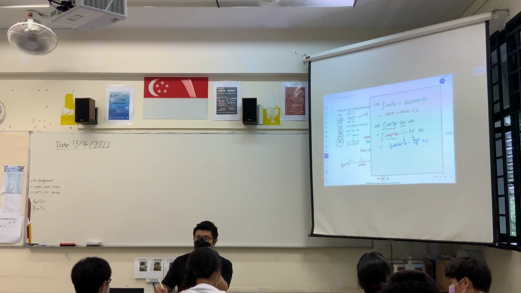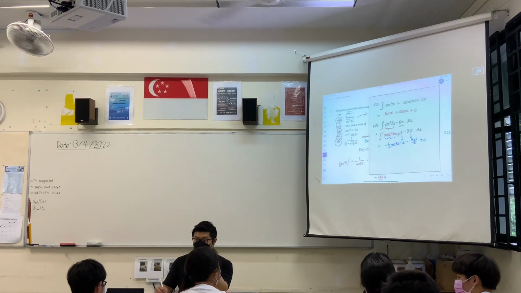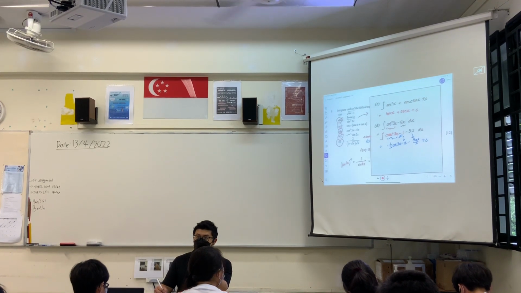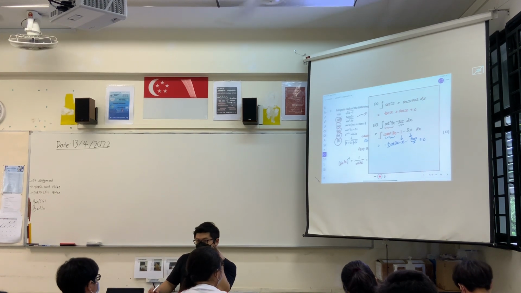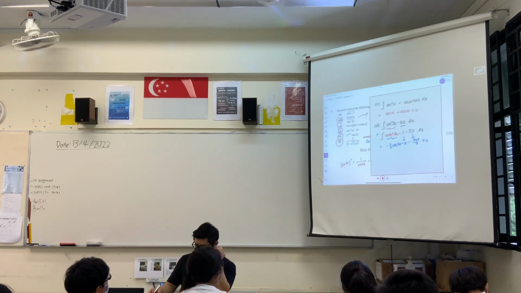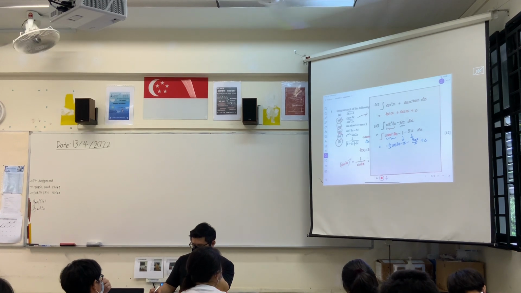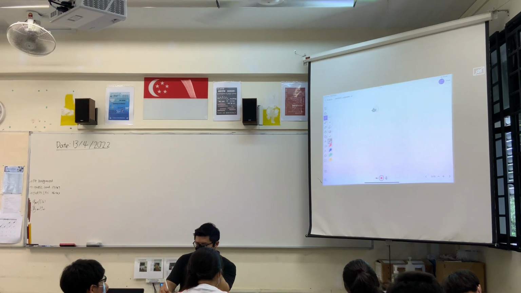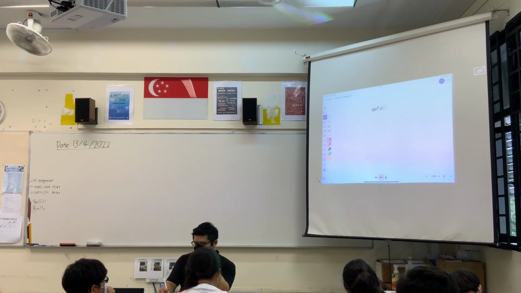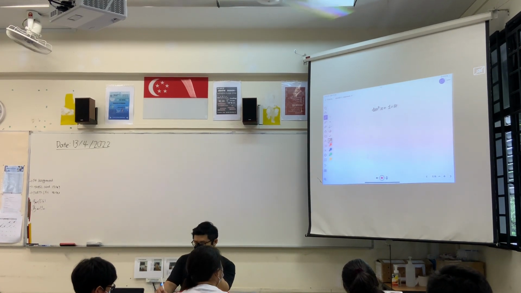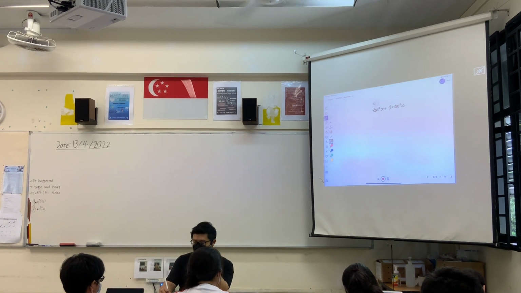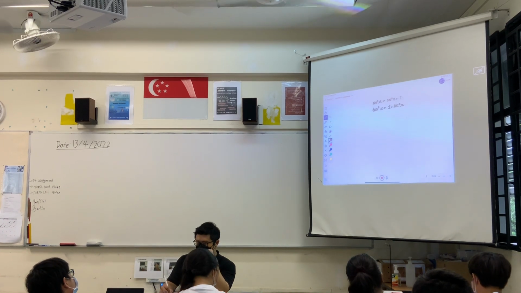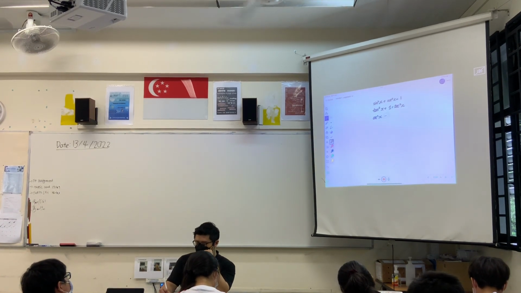Which one do you not connect? Middle line. Cotangent square is the same as cosecant square minus 1. Why? Pythagorean identity. Do you remember, tangent square plus 1 is secant square, sine square plus cos square is 1, and cotangent square plus 1 is cosecant square.